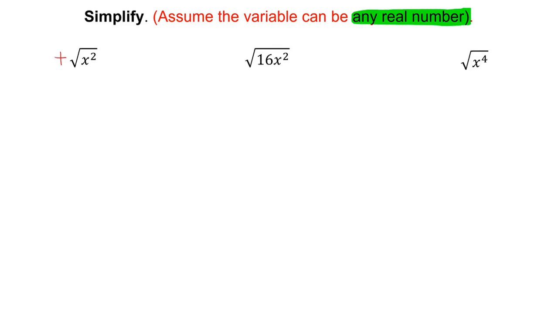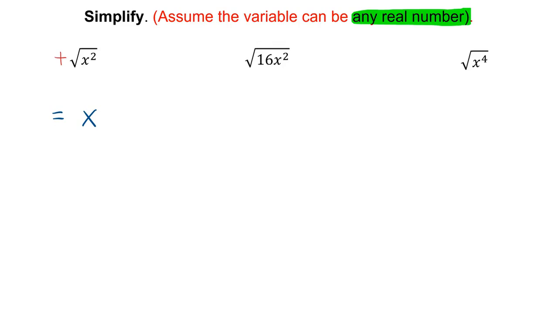So what is the principal square root of x squared? Well, what variable expression times itself gives us x squared? Well, obviously that's x. But we have a problem because our variable x can be any real number.